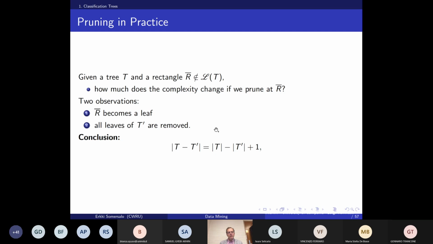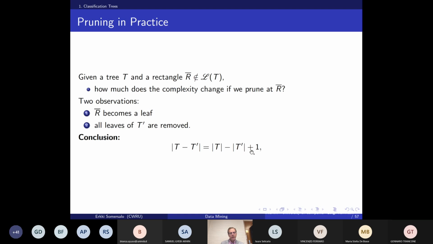We were talking about the complexity of a subtree. So how much complexity do you gain if you prune a tree? This is the question. If T is the original complexity, the complexity of the smaller tree, T minus T prime, is smaller than the original complexity by the difference, complexity of T prime minus 1.